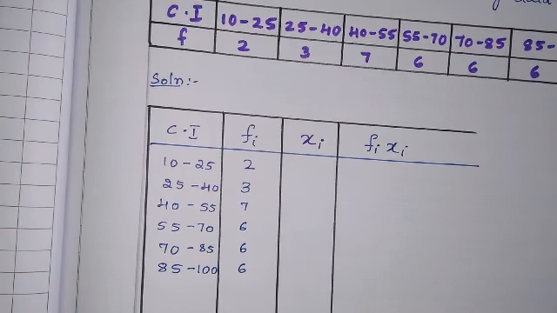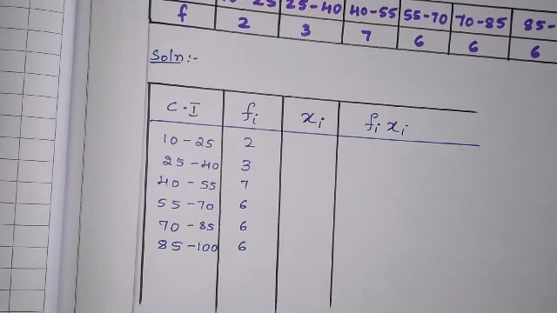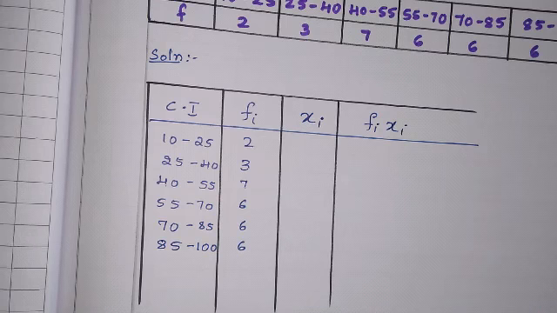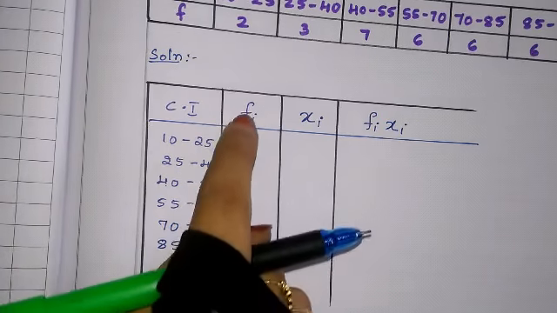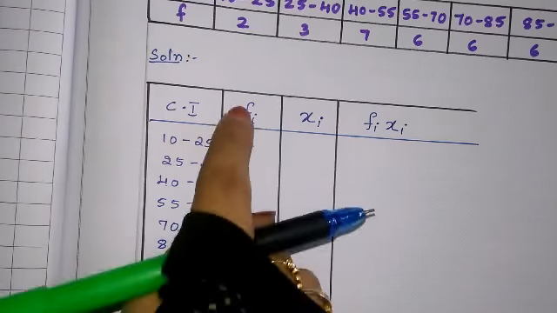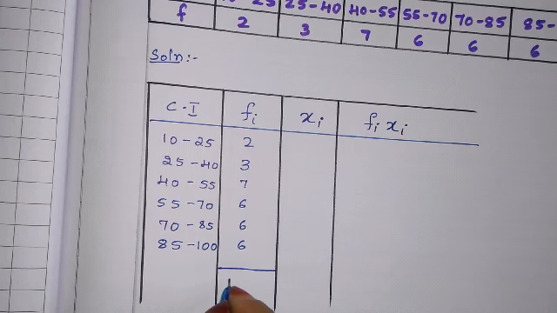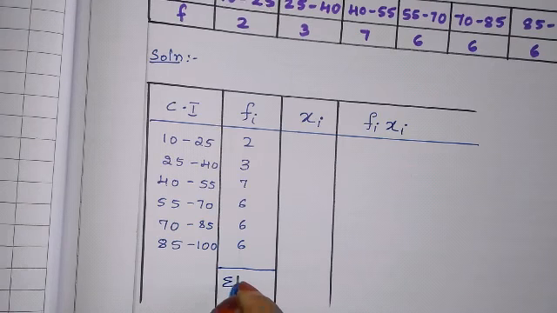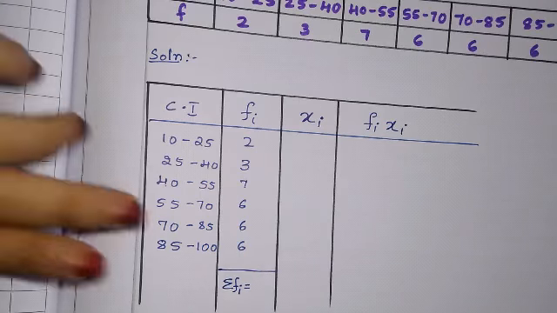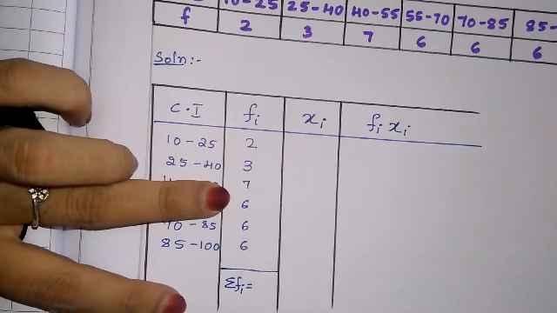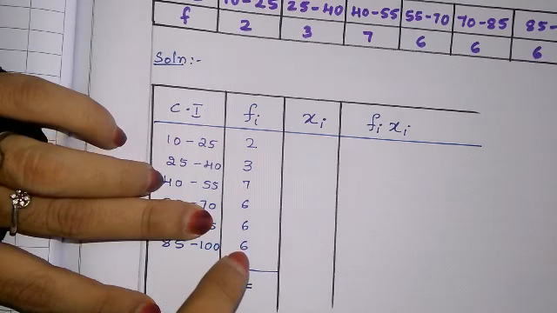So the first step is, we know the formula: mean is equal to sigma fi xi upon sigma fi. So sigma fi we have here, this is the frequency. Sigma is nothing but sum, so sigma fi is nothing but addition of the frequencies. All these numbers we have to add. When we add this, we are going to get 30.